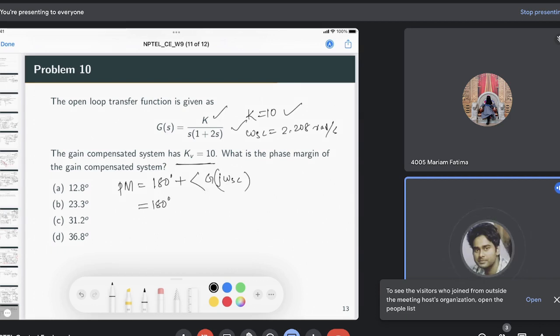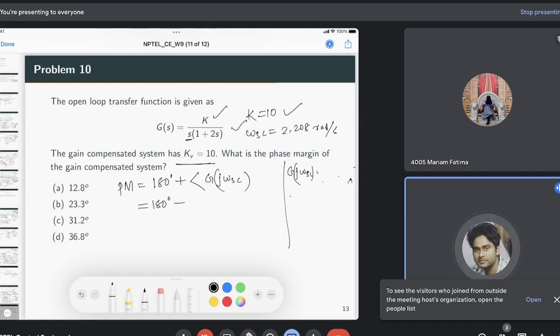So we write G(j omega gc) equals K, which is 10, by j omega gc times (1 plus 2 j omega gc).